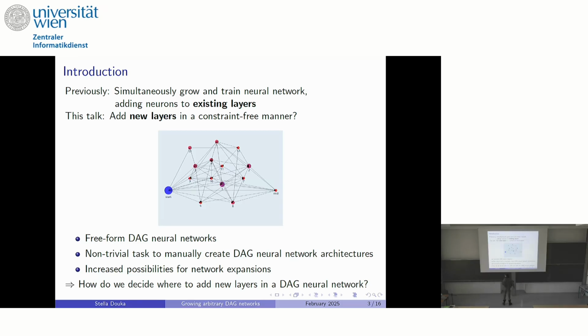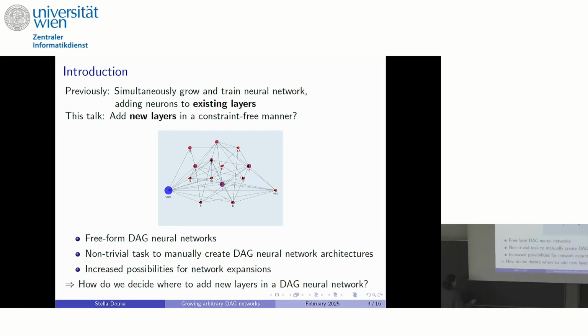For example, before we were seeing neural networks that were like this, that had a layer here and then a layer here. And now we can have, for example, a layer here. So we don't have a sequential structure anymore. We can create any network in an arbitrary form.